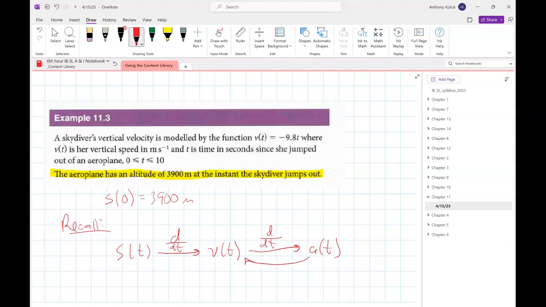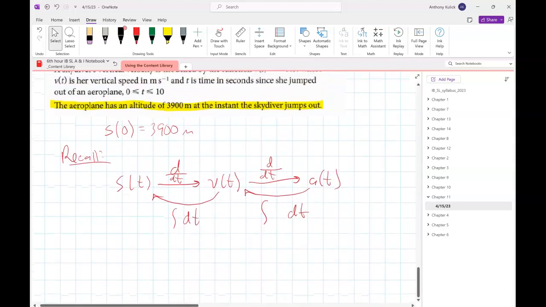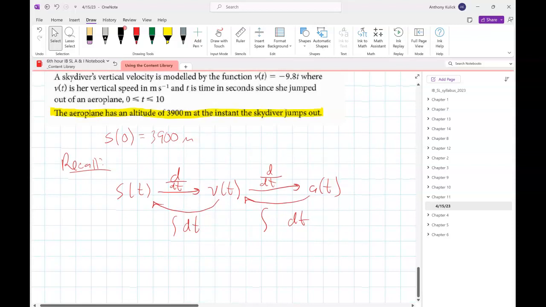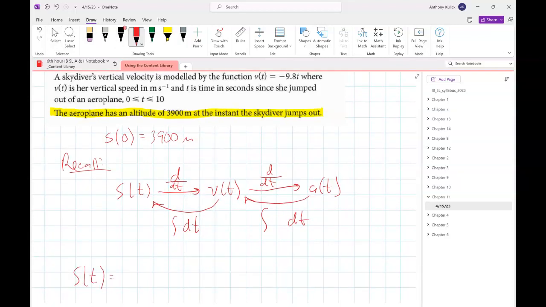So if we go back, we're going to have to be integrating, right? So our S of t is going to be the integral of V of t dt.